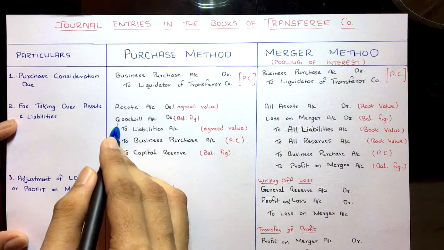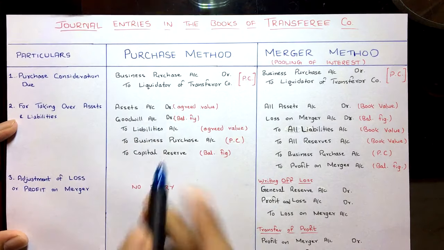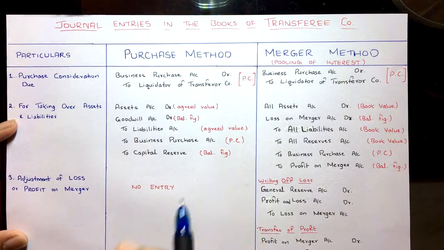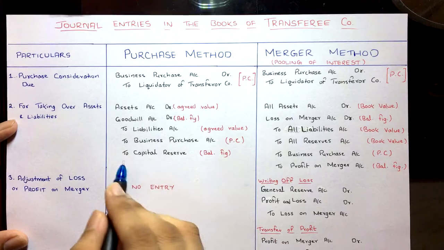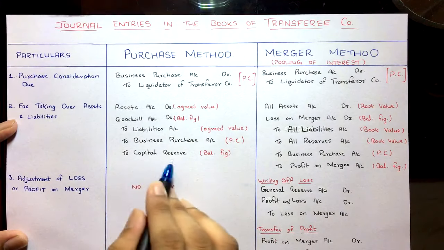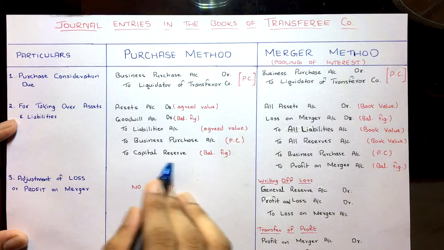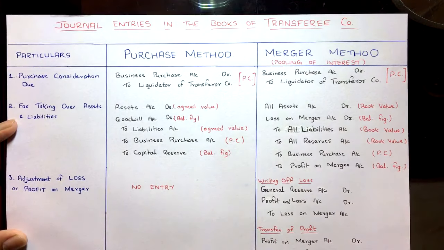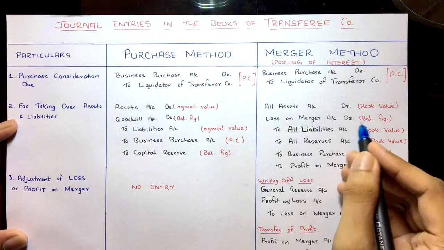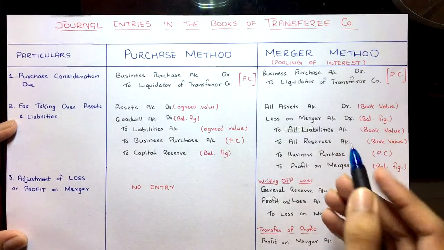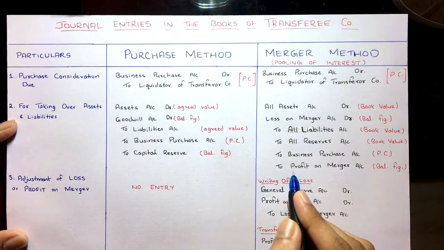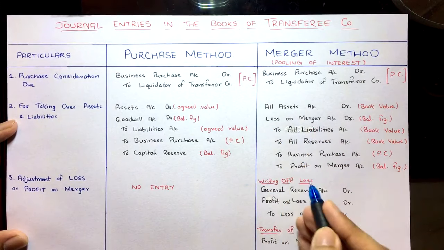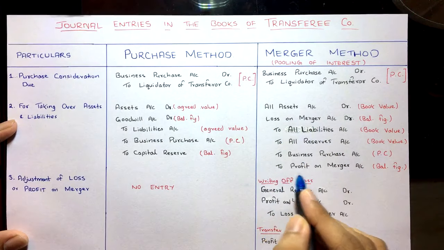The balancing figure. But if we paid less, purchase consideration was less than the net assets, then we used to consider that as a gain or profit, and we used to take that to capital reserve. But here what we do is, if we get the balancing figure on the debit side, then we will take it to loss on merger account, and if we pay less than what net assets we are getting, then we will take it to profit on merger account.